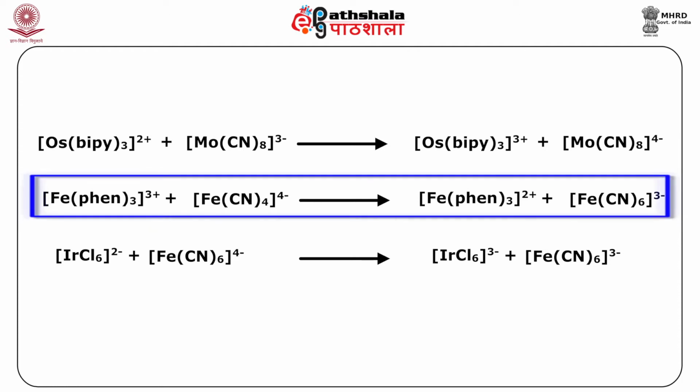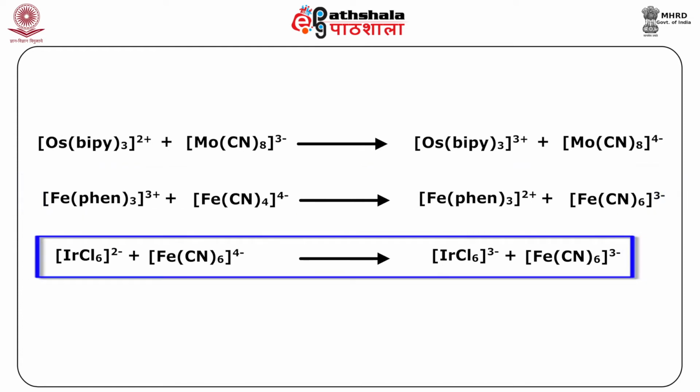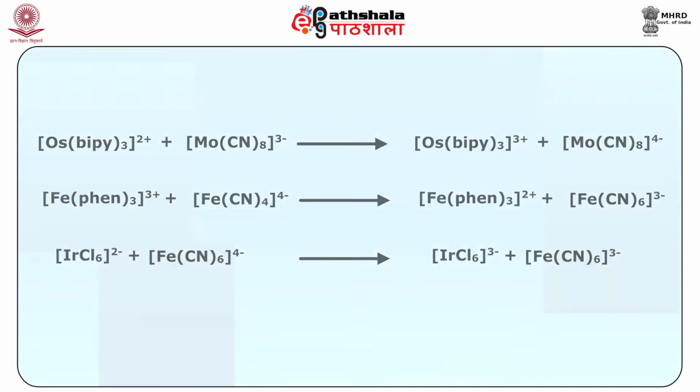So the +2 species goes to +3 and +3 goes to +2. In this case the metal ion is similar but the ligands are different. The third example is iridium hexachloride, where iridium is in the +4 oxidation state, reacting with the iron hexacyanide system where iron is in the +2 oxidation state, and it reduces iridium 4 to iridium 3 and iron 2 to iron 3.